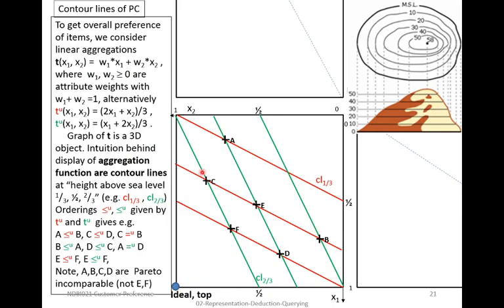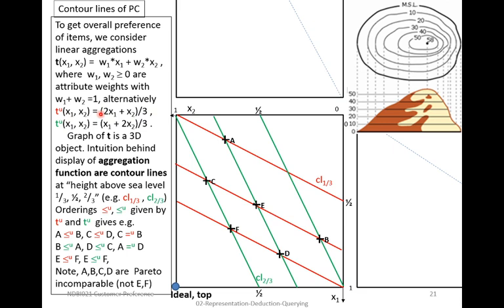Now the solution of this incomparability or this partial ordering can be made similarly as in Decathlon. So we restrict to linear functions, we restrict to 2 dimensions, and then we also restrict to aggregation by some linear function.